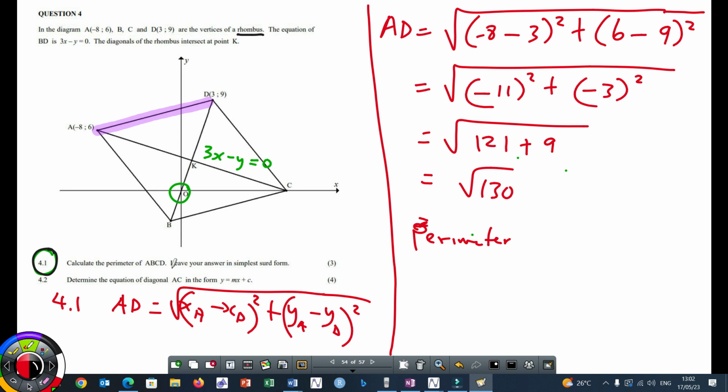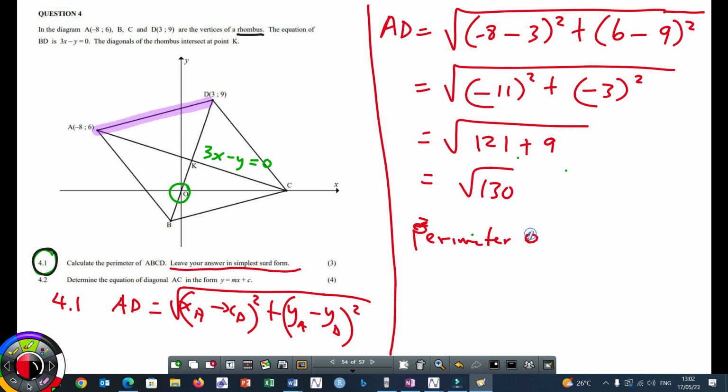This question says, leave your answer in simplest surd form. No need to convert that to a decimal. Even if it was not specified, you can leave your answer in surd form. But if the question specifies that you round off to 2 decimal places or 1 decimal place, then you can do the conversion. But this question requires you to leave your answer in surd form. So you can't convert that to a decimal.